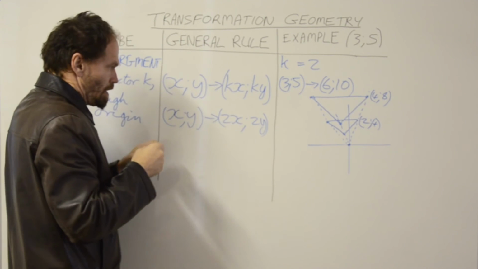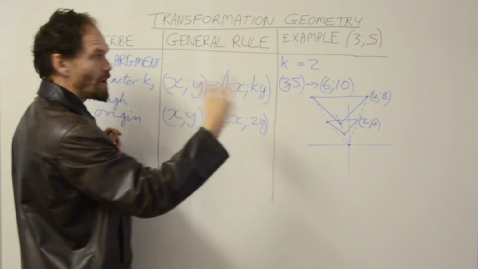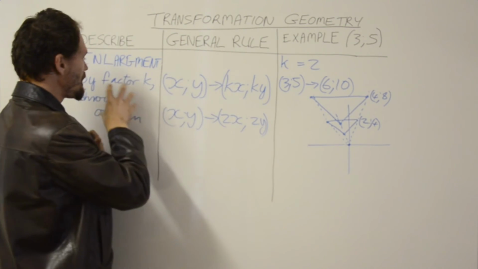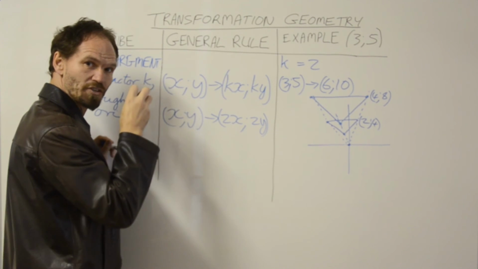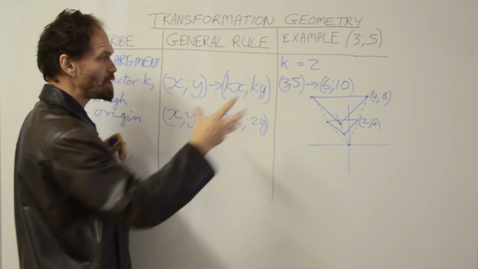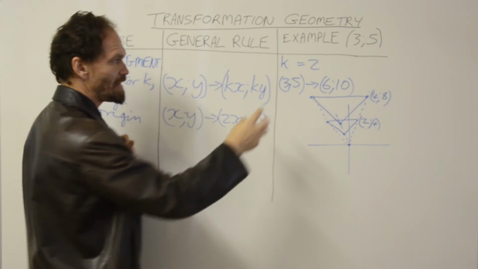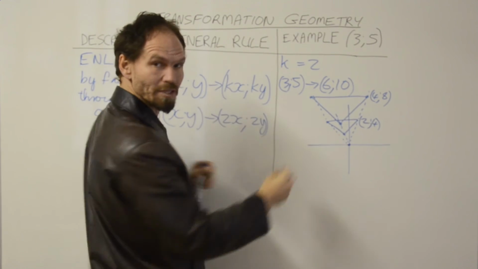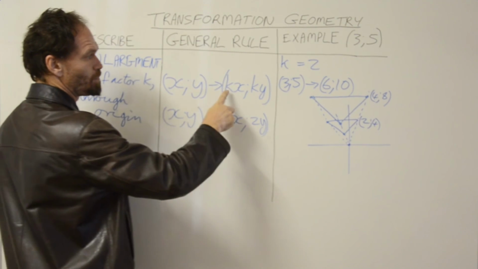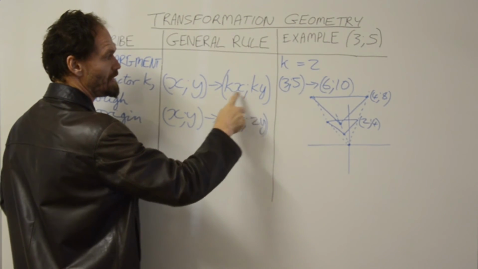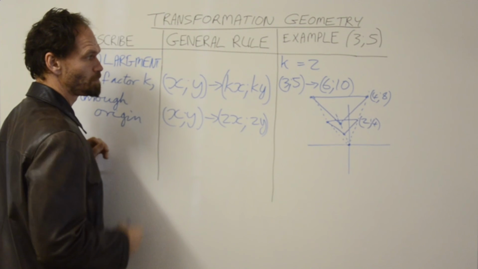Now, when k is greater than 1, we call it an enlargement. Obviously, when k is a fraction, then it's not an enlargement, it's a reduction because the values get smaller when you multiply with a fraction. Then there's also the case where you make that a negative, right?